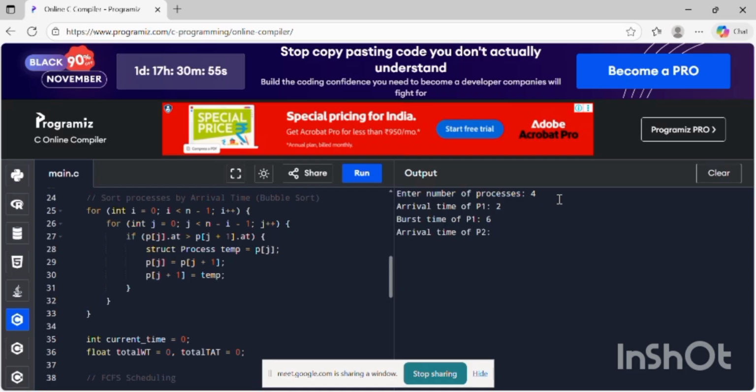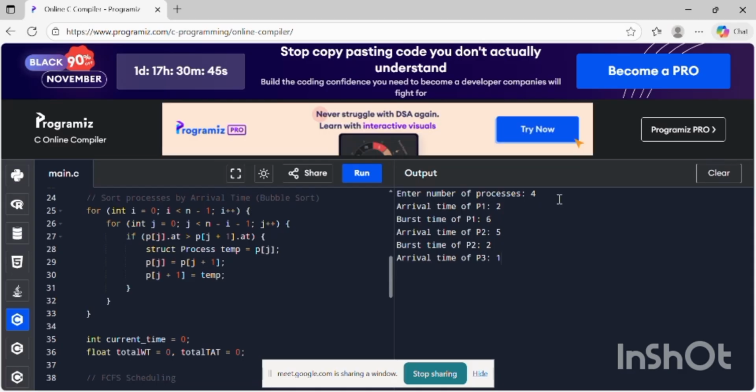Arrival time for P2 is 5. Burst time for P2 is 2. Arrival time for P3 is 1. Burst time for P3 is 3. For P4 the arrival time is 0 and the burst time is 4.